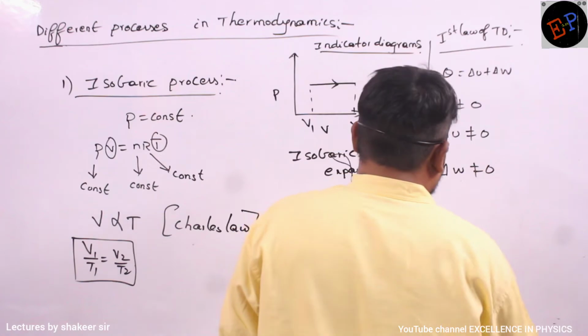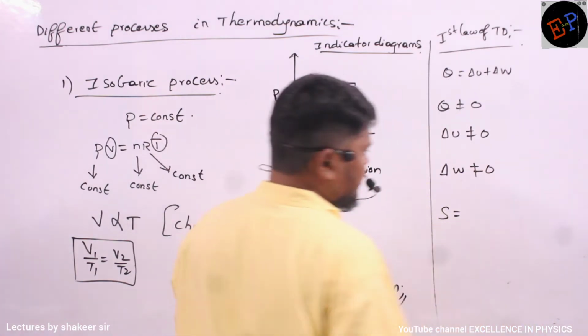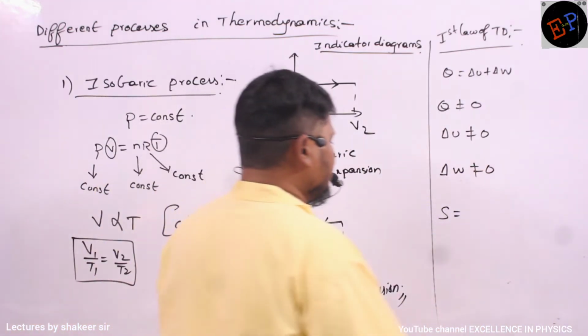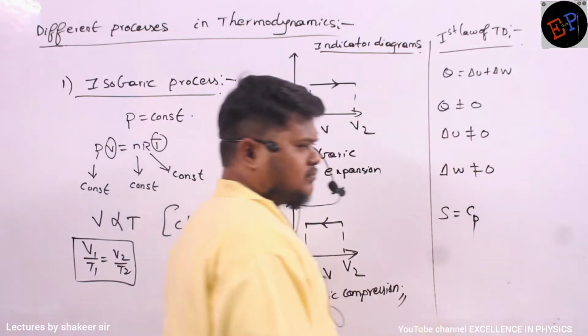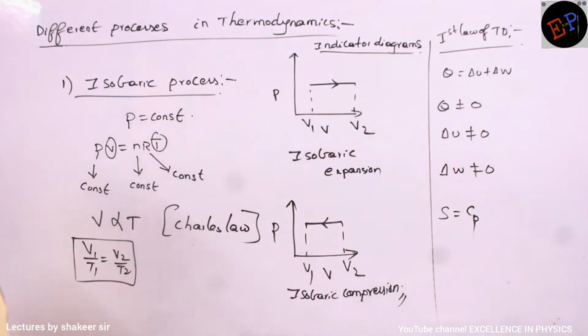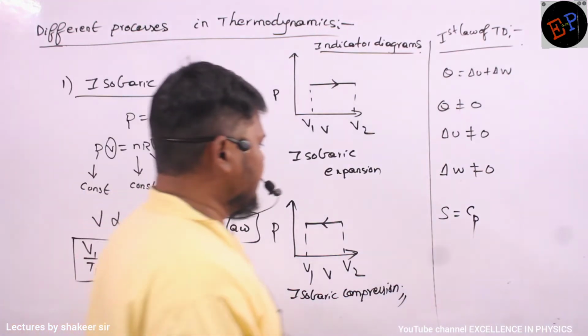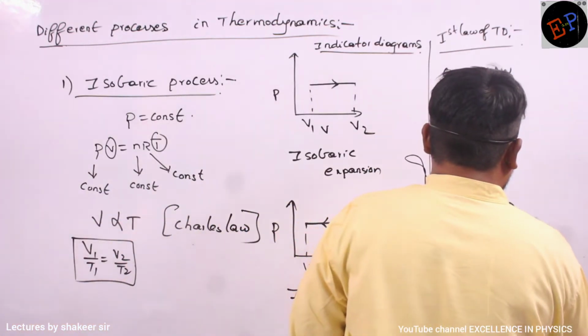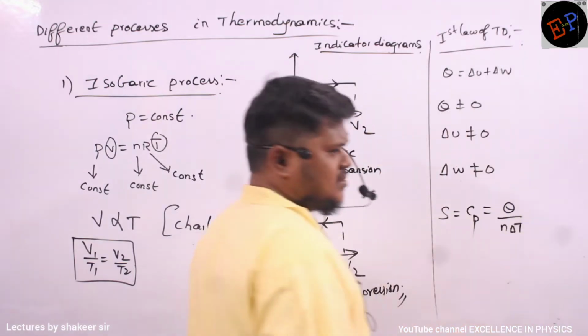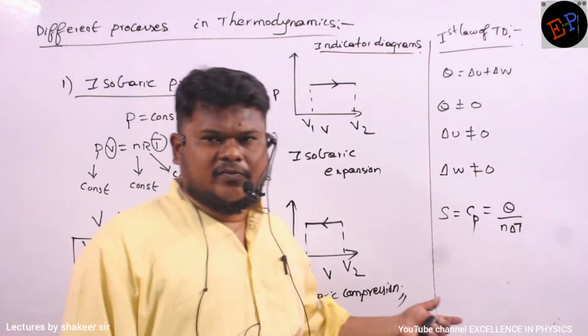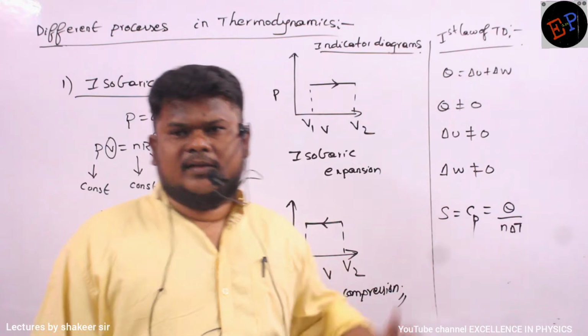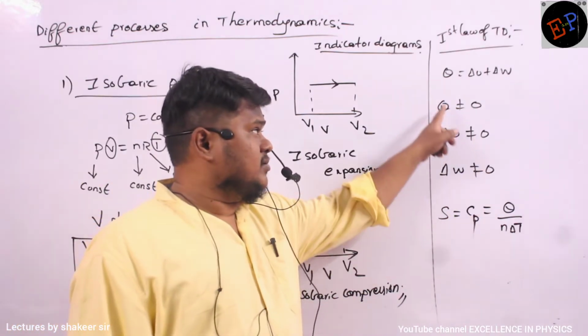Okay. Similarly, if I study the specific heat of this gas, here S can be written as Cp, no ma? S can be written as Cp. Why? I am heating the gas in a constant pressure process. Cp is equal to Q divided by n delta T. This is the formula, no? What is the formula of specific heat? Q divided by n delta T. Q value, is it zero?